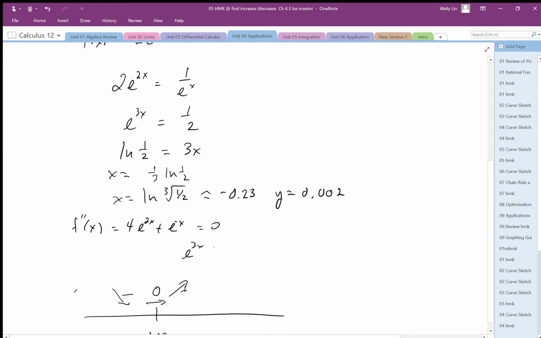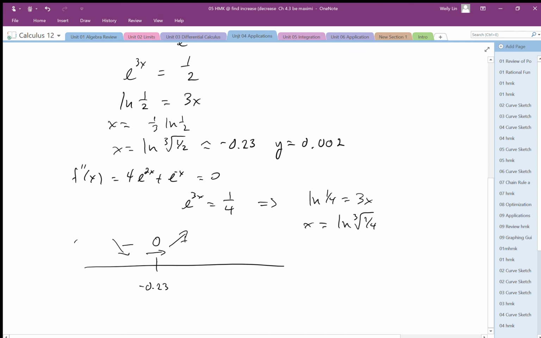I get e to the 3x is equal to 1 over 4. Okay, and then solving this equation, I get log 1 over 4 is equal to 3x. Again, I divide by 3, so I'm going to put that inside the log as a cube root of 1 over 4. Okay, so it's just some algebraic rearrangements to get from here to here, and then solving for x.